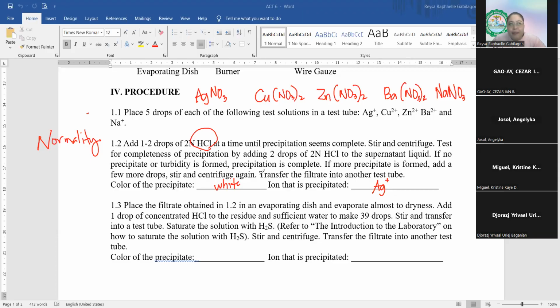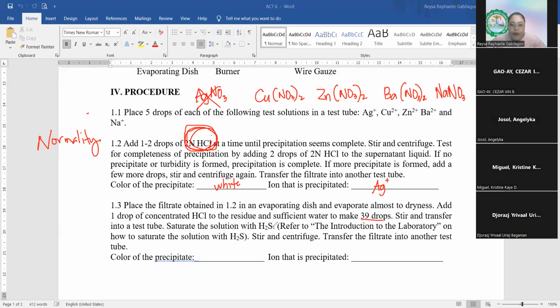The purpose of evaporating is to get rid of the HCl, because we added HCl earlier. So we get back the remaining compounds, since there is no more silver nitrate, and the other ions can continue. After evaporating to dryness, we added concentrated HCl and then 39 drops of water, again to get the ions back.